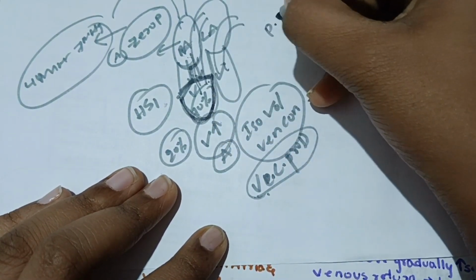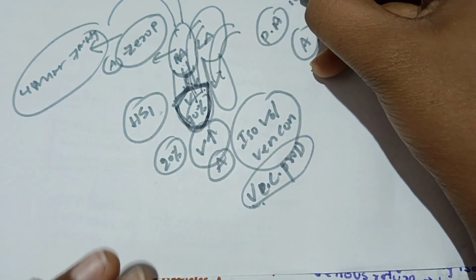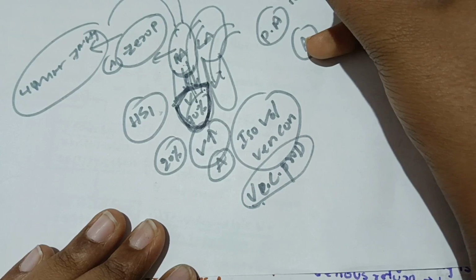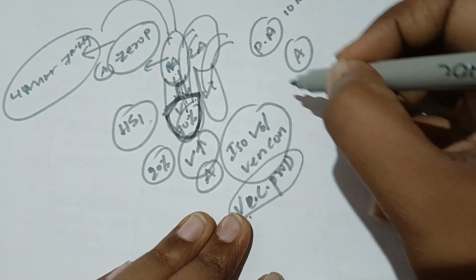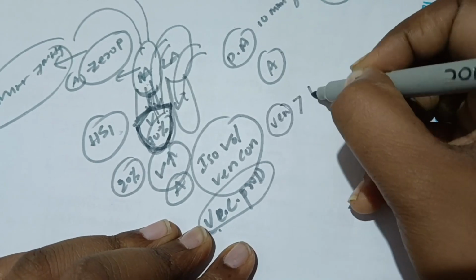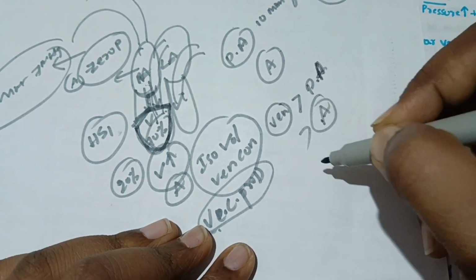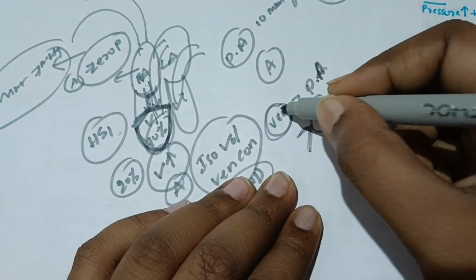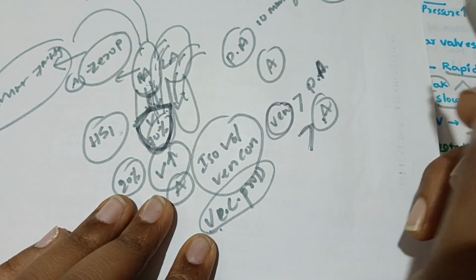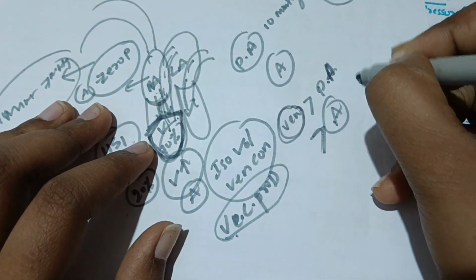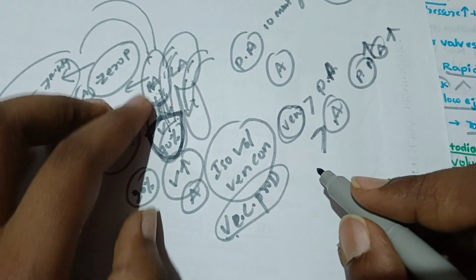The pulmonary artery has about 10 mmHg of pressure, and the aorta also has some pressure. The ventricle has more pressure than the pulmonary artery and the aorta, so the blood goes into them. Now the pulmonary artery and aorta have increased pressure compared to the ventricle due to the blood.